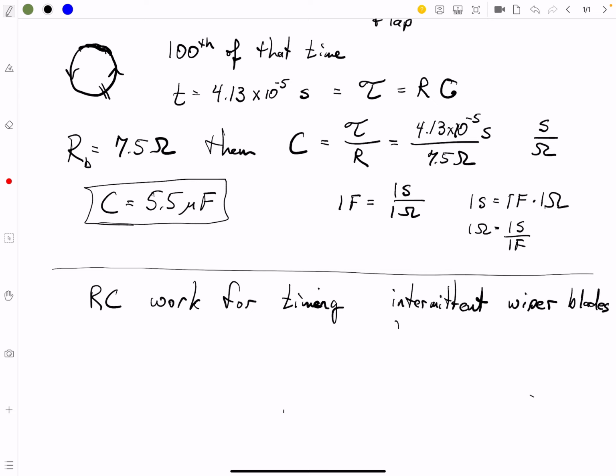Flashing LED lights or strobe lights, pacemakers. All those things work really well because of tau equals RC.